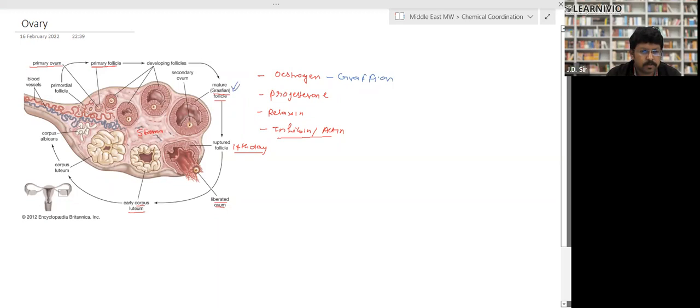It develops female secondary sex characteristics during puberty. Maturation of ova and mammary gland.